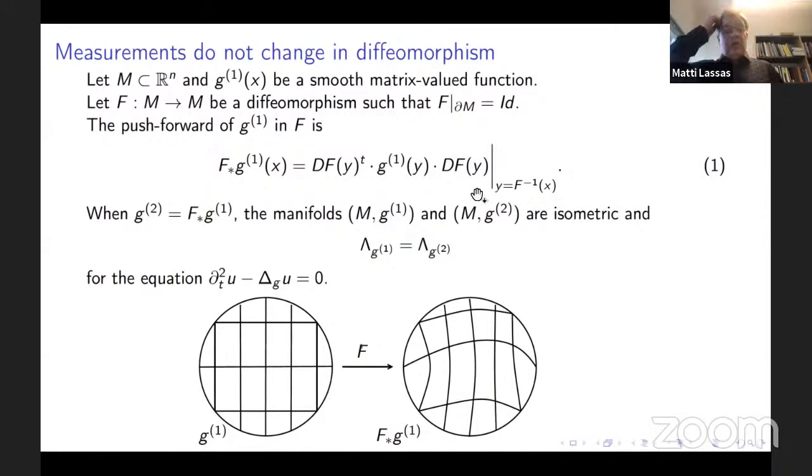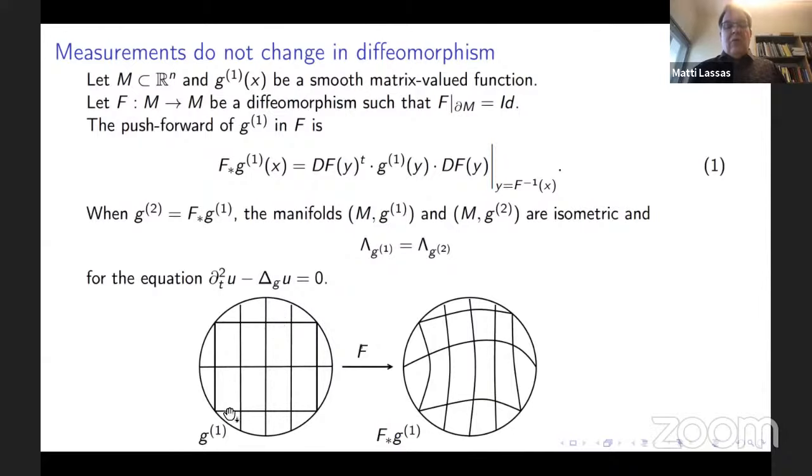What does it then turn out? It turns out that if you define that G2 is obtained by this formula, so that G2 is the push forward of the metric G1 by F, then the boundary measurements, the Neumann-Dirichlet maps, with wave speed G1 or wave speed G2 are the same.